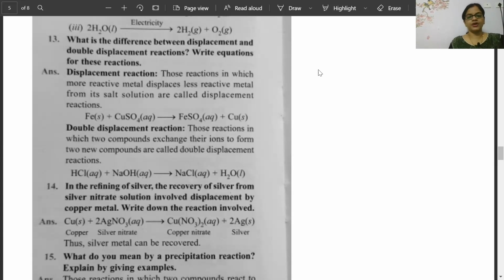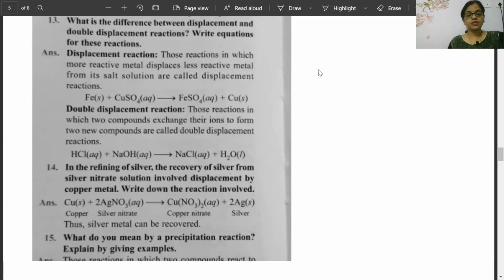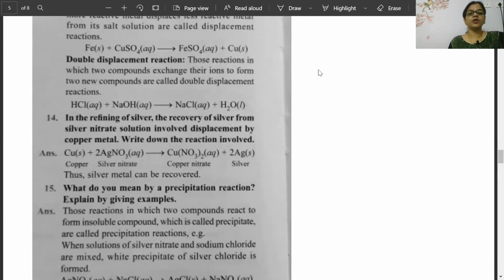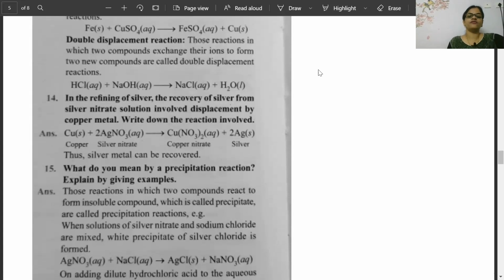Very good. Super. Saranya also gave the answer. Precipitate is formed. The precipitation definition you have not given, Saranya. Those reactions in which two compounds react to form an insoluble compound, which is called a precipitate. Now, when a solution of silver nitrate, same example, super, fantastic. So silver nitrate is going to give a white PPT, that is silver chloride.